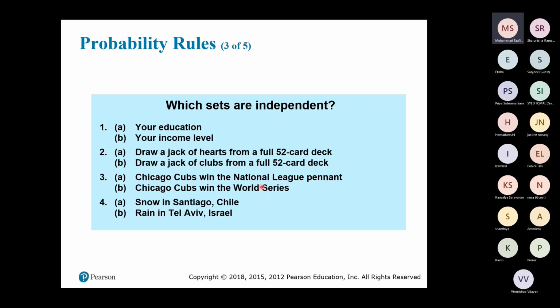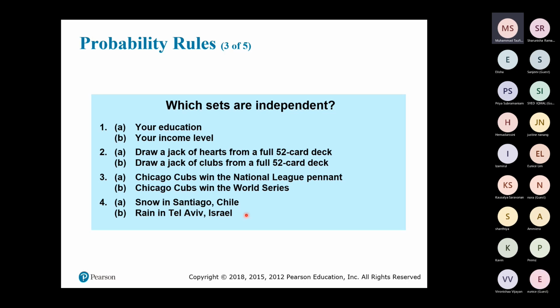So that is the set of number 3, and then what is the last one? Independent. Understood. So anything that happened in Chile will not influence anything that happened in Israel, if we look at the geography. But if we talk to a weather expert, maybe they will say it is dependent.